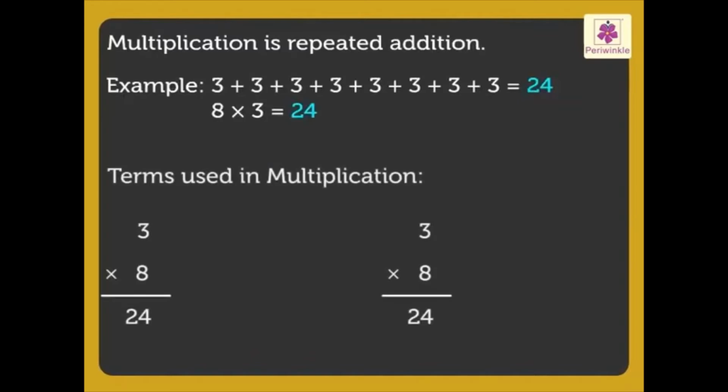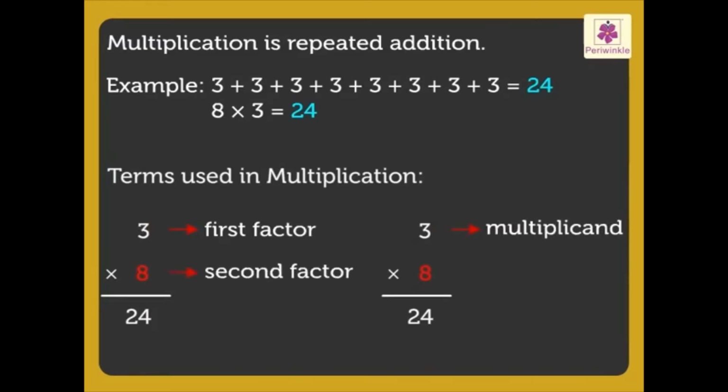Now, let us recall the terms. Here, 3 is the first factor or the multiplicand. 8 is the second factor or the multiplier. And 24 is the product.